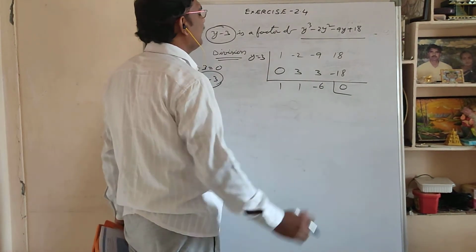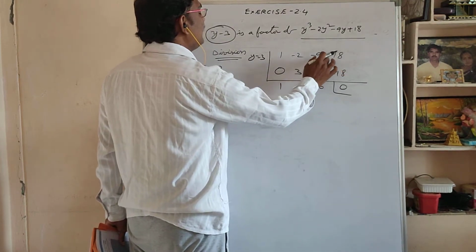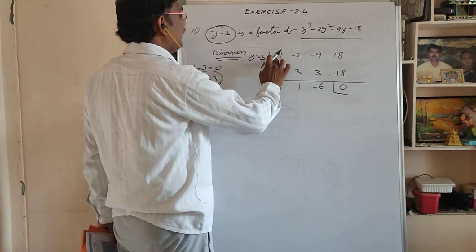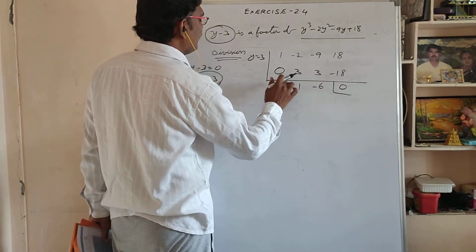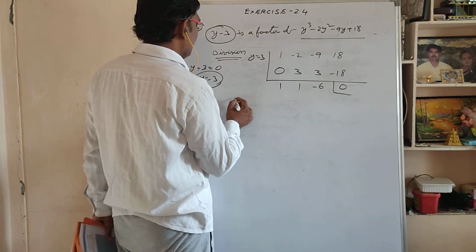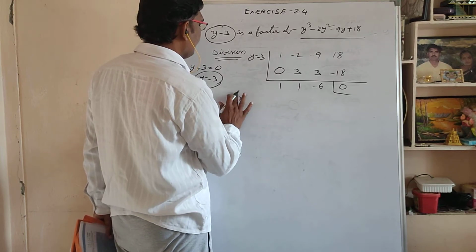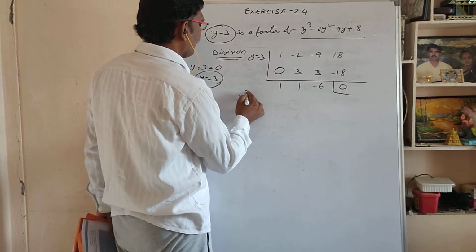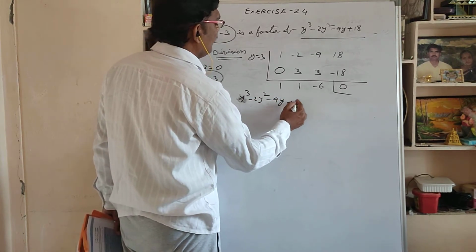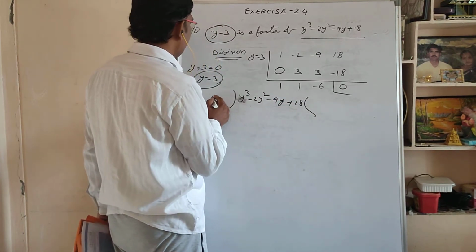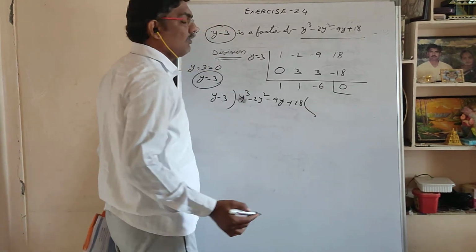I done division already. If you got like this, see, last one is constant, x coefficient, x square coefficient, x cube coefficient. Here, this is constant, this is x coefficient, this is x square coefficient. Then, what you are getting is this y cube minus 2y square minus 9y plus 18. If you divide with y minus 3, here some answer you will get it or not?